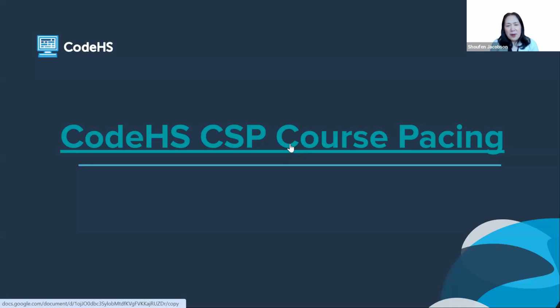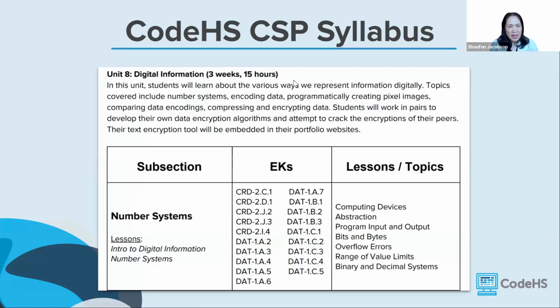So now let's take a look at pacing. CodeHS School has provided the estimated time for each unit and each lesson, but you can use it as just an estimation. You can go a little bit faster or a little bit slower, based on the needs of your students.